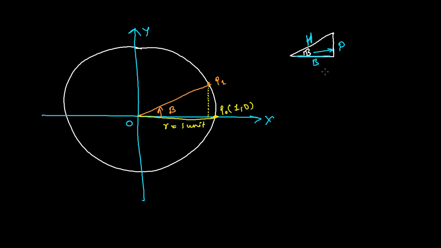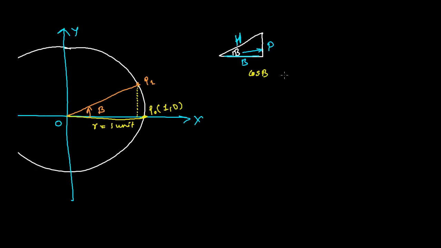If you take a look properly, then cosine of B is the base over the hypotenuse, that is B over H. And sine of B is the perpendicular over the hypotenuse.